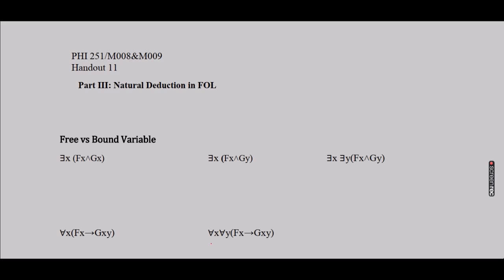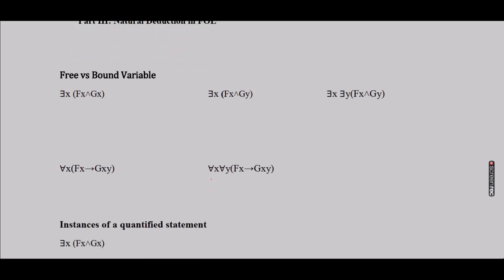So the notion of a free variable, it was mentioned last week in class, so I'm going to go over it real quick. So here, consider this formula. We have this existential, and the scope of the existential is the formula immediately to its right. Now, this x here and this x here are in the scope of this existential.